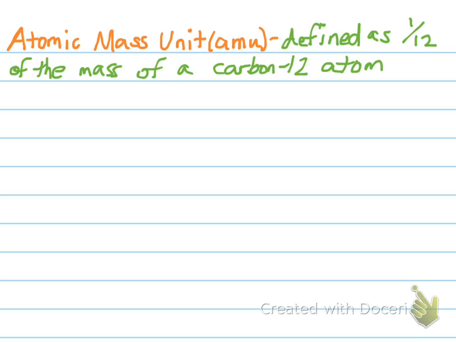Now, again, like I told you, chemists didn't just choose this randomly. Chemists purposefully chose carbon 12 because of the structure of carbon 12. So keep in mind that carbon 12 is going to have 6 protons because its atomic number is 6.